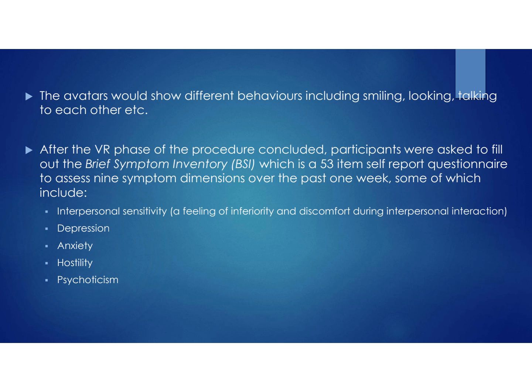So we've got 9 such symptoms, and there'll be some items on interpersonal sensitivity, some on depression, some on anxiety, some on hostility, and so on. This makes up a total of 53 items, and you have to rate whichever of these items for each of these respective 9 symptoms apply to you, or you feel relate to you, or at least have related to you within the past 1 week.